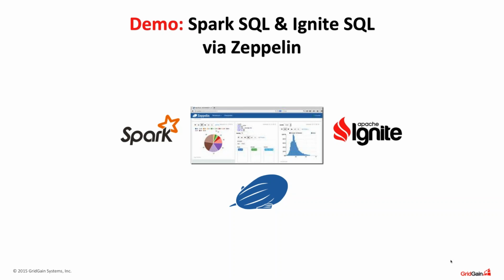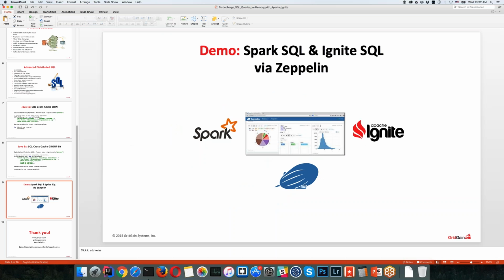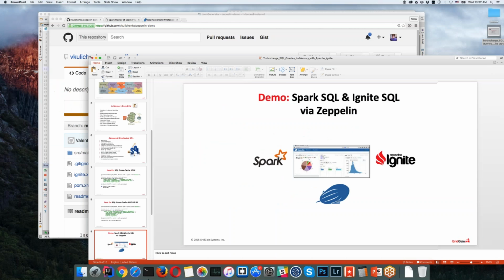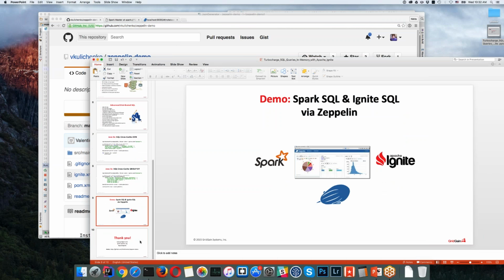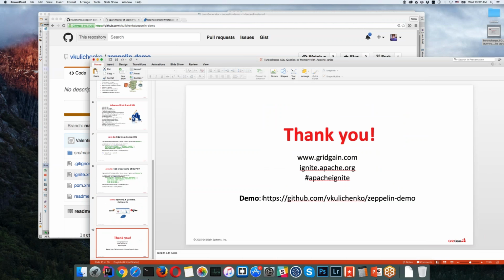I'm going to get out of this presentation slide deck, and what I'm going to show you first is where to get this demo. The demo is completely open source. It's on GitHub. When you get the slide deck, on the last slide you're going to see exactly this URL, so don't worry if you don't catch it right now.